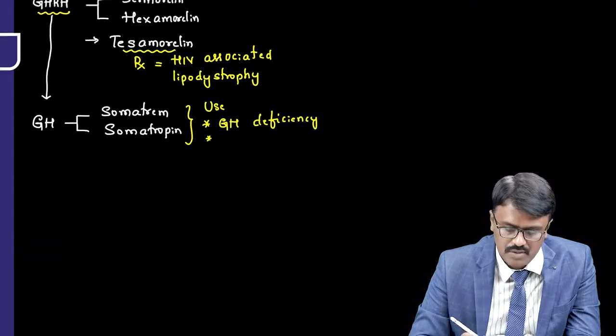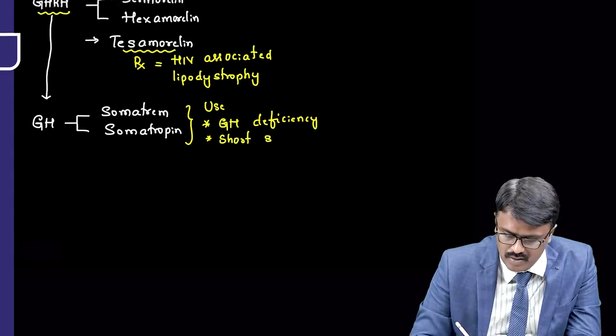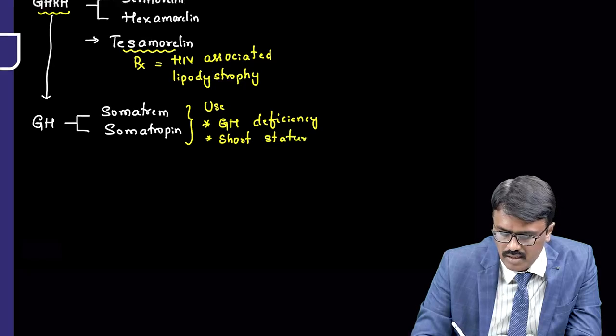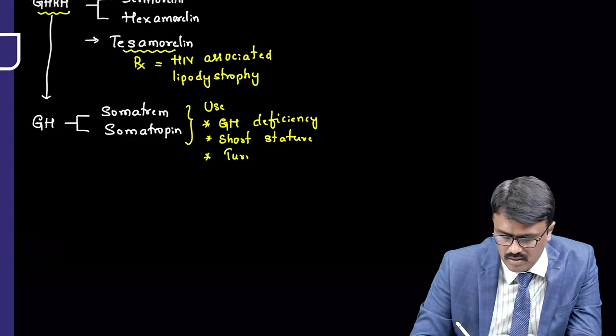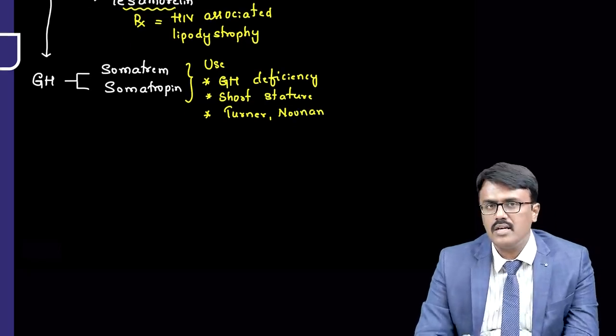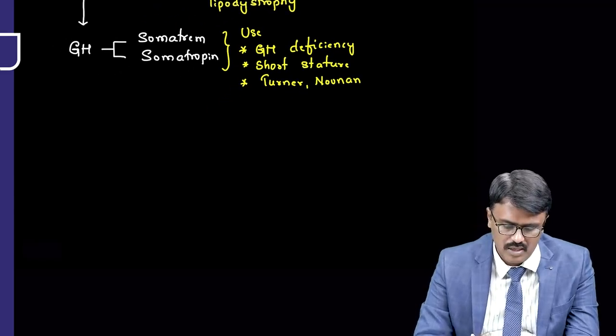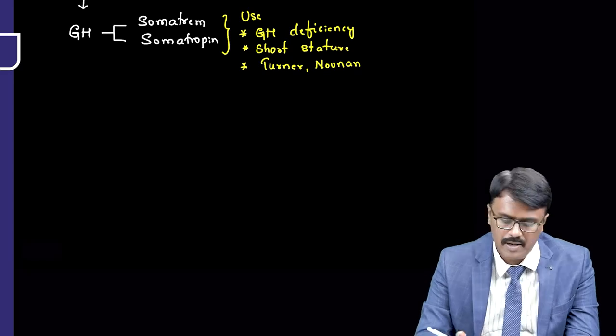Second, short stature. If the child is not gaining height, and certain syndromes like Turner syndrome and Noonan syndrome. So where the height has to be increased, in these conditions we use growth hormone.